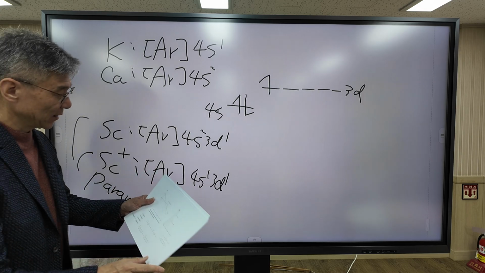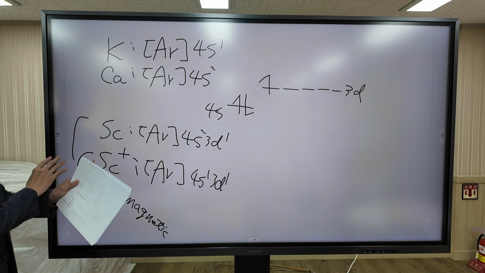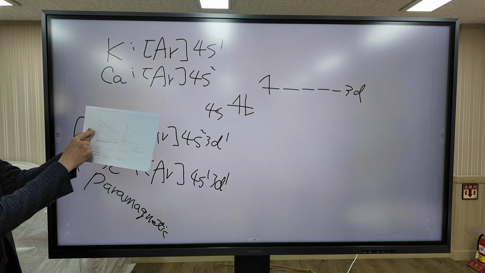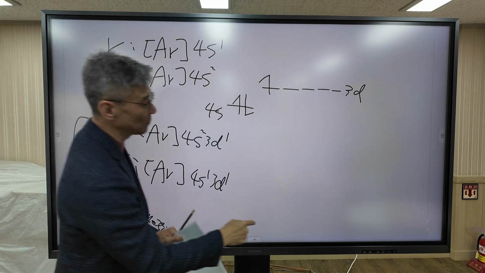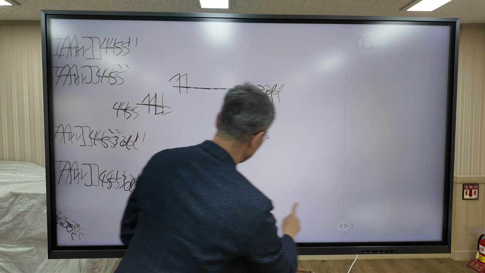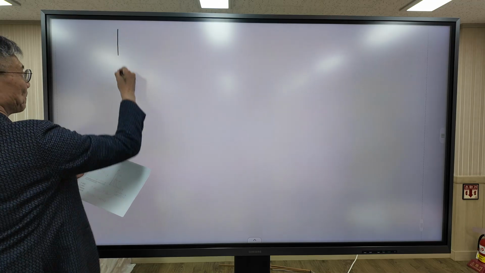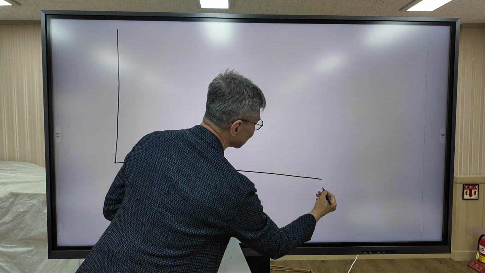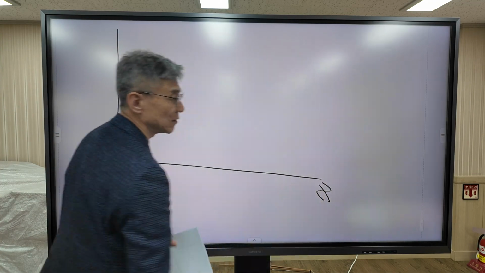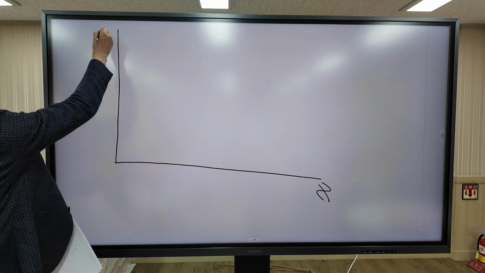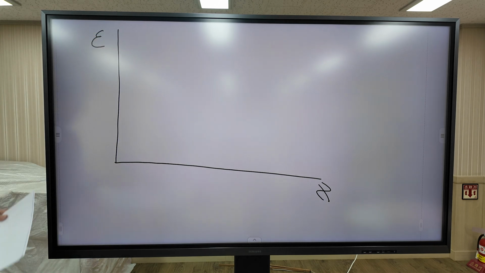Anyway, to explain this observation, I'm going to show you this graph. This graph shows the energy level of the 4s and 3d orbitals. The x-axis represents the atomic number, the y-axis represents the atomic energy level.